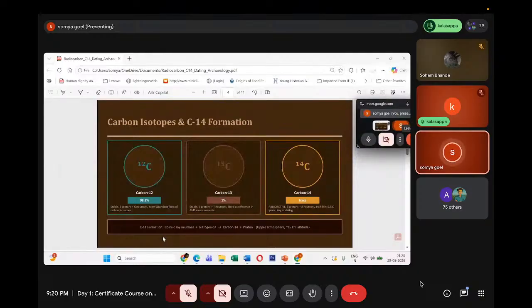This neutron collides with the nitrogen 14 isotope present in the upper atmosphere, and they release one proton and also carbon 14. Now this freshly made carbon 14 oxidizes into carbon dioxide, and then it mixes with the atmosphere.